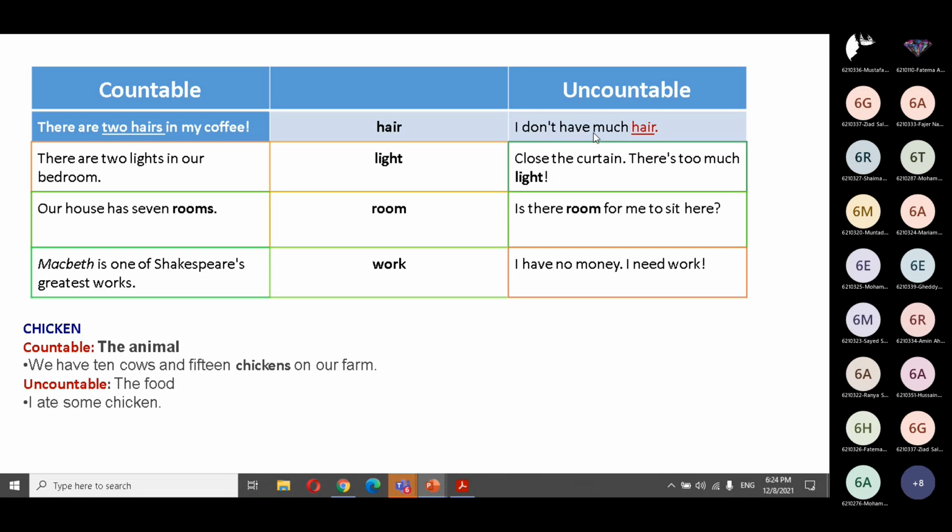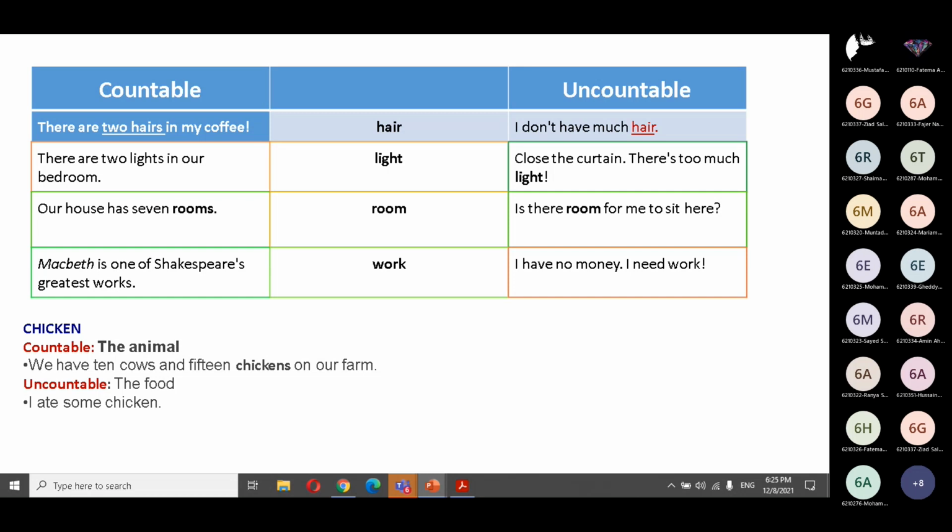Can you count your hair? Can you count the hair covering your head? Of course not. If you say, I cut my hair, and you are talking about the hair covering your head, it's uncountable because you cannot count it. But if you are drinking coffee and you find a hair in your coffee, you can count it.